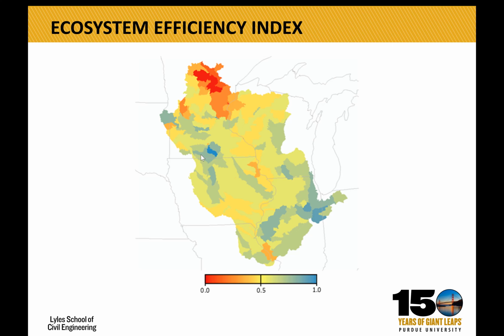So the goal of this was to come up with a way where planners and decision makers can use this index to think about what kind of changes we want to make in our watershed, so we have an efficient system where the water and energy is being used very efficiently.